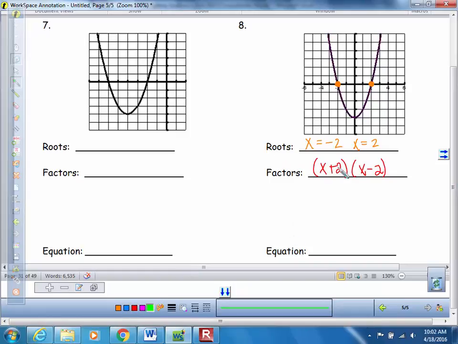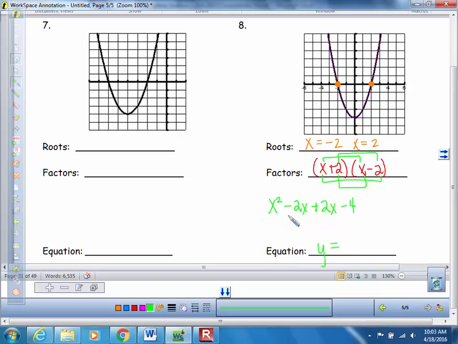So if we multiply, we're doing first times first. Gives me x squared. Outer times outer gives me negative 2x. Then I do inner times inner, gives me a positive 2x. And last times last gives me negative 4. Okay, so for my equation, I always need y equals.